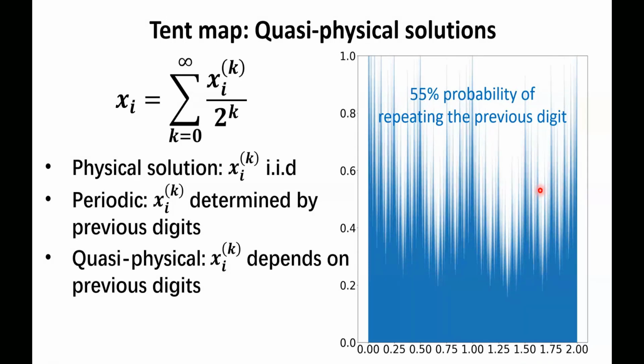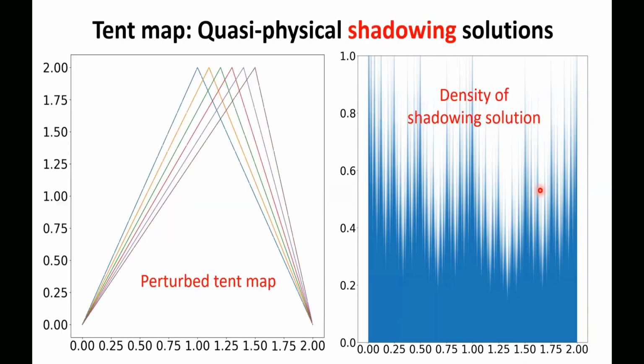And it turns out this kind of quasi-physical solution, the solution that is neither periodic nor physical, is exactly achieved by shadowing. So exactly the same type of distributions is achieved by shadowing under this particular type of perturbation. So you take the tent map, you move the top of the tent map away from 1 and towards the right hand side, towards 2.